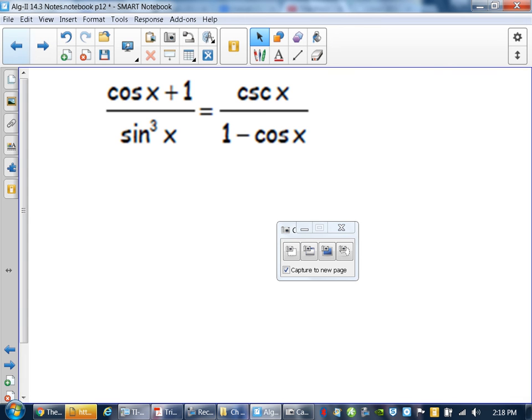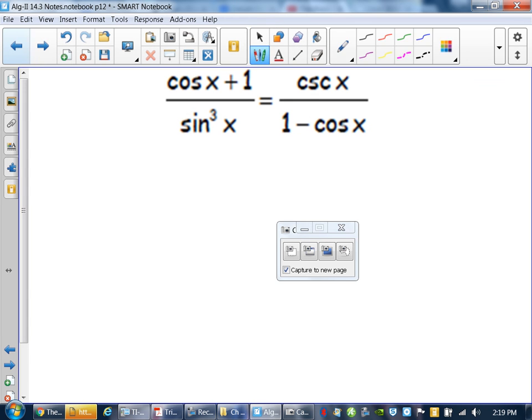Okay. So in this one here, what throws you for a loop, what kind of messes you up, is that sine cubed. So what I want to do is rewrite this right away as cosine plus 1 over sine times sine squared. In doing that, that gives me a cosecant right away.